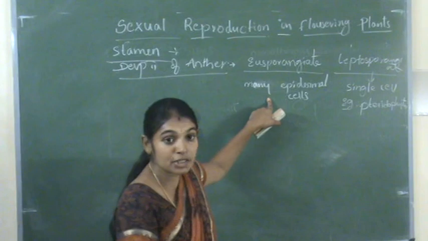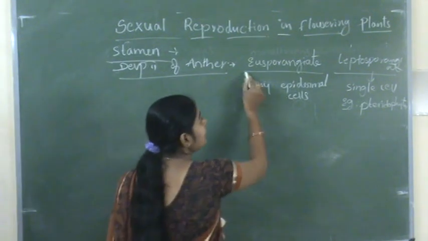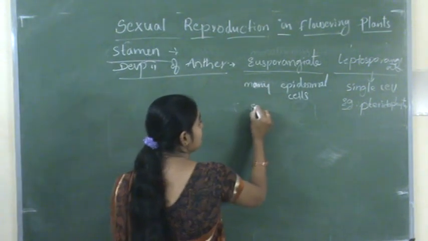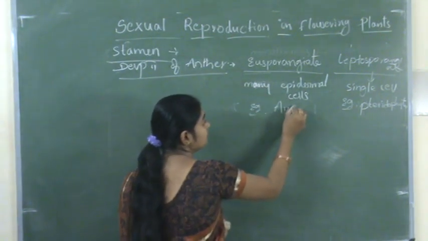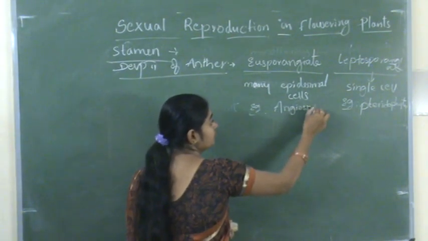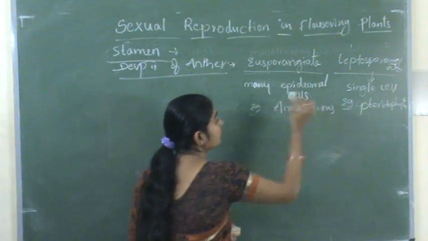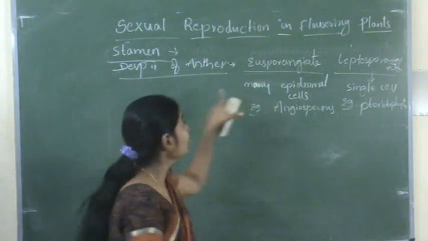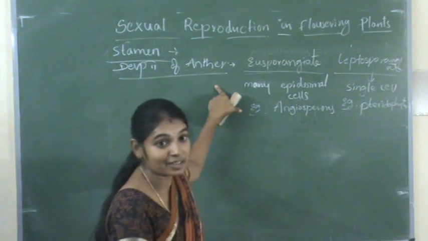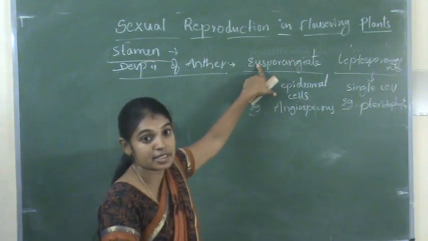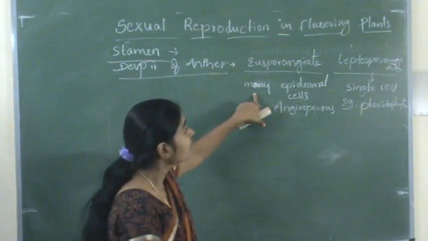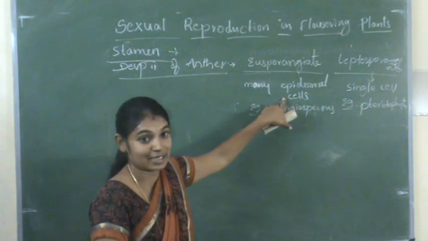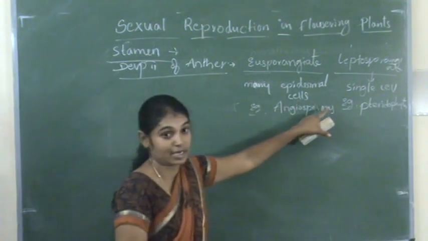And in angiosperms and gymnosperms, the development of anther is eusporangiate. So in flowering plants, the anther is developed from many epidermal cells, not a single cell.